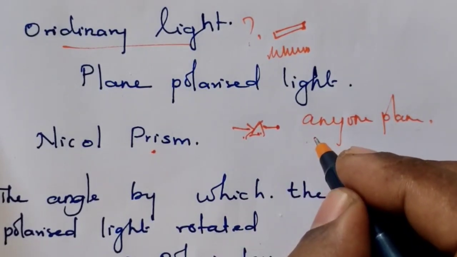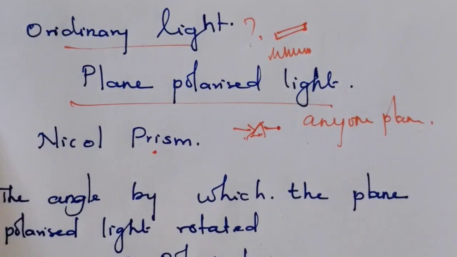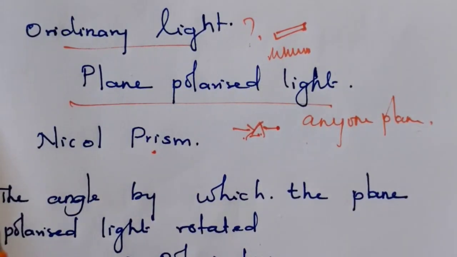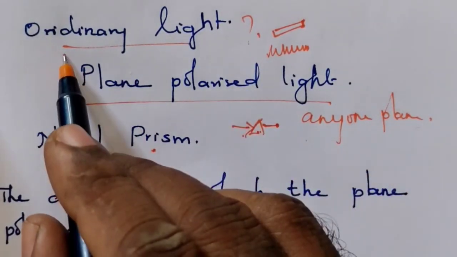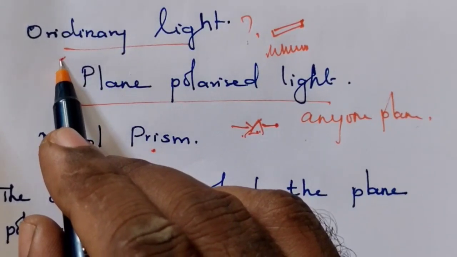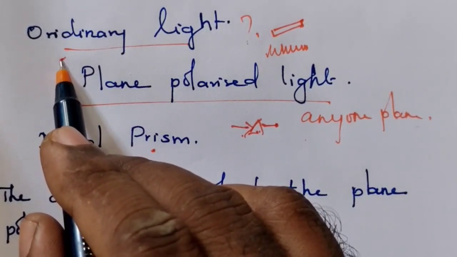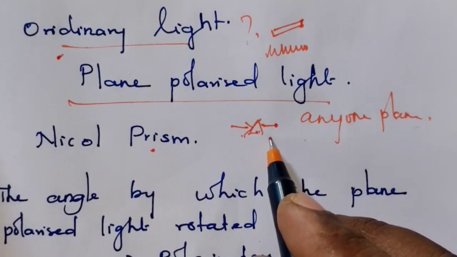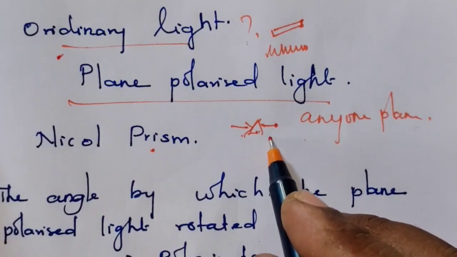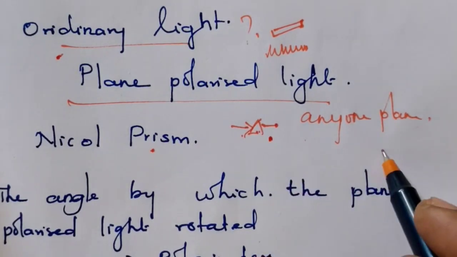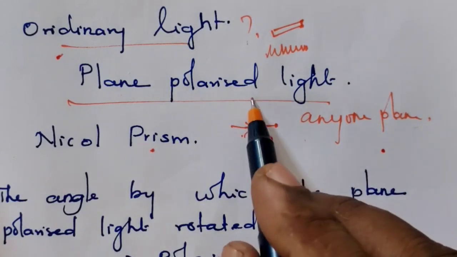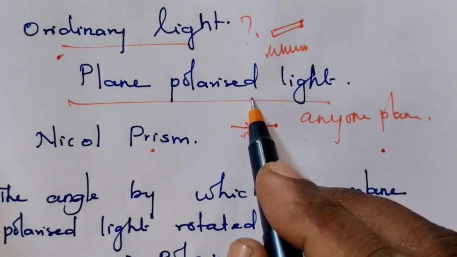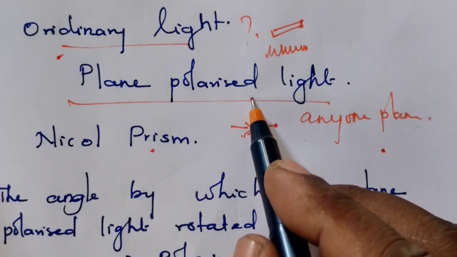Such a light is called plane polarized light. Light that vibrates in all the possible planes surrounding it is called ordinary light. When ordinary light is passed through a nickel prism, the emergent light vibrates in only one plane, and such light is called plane polarized light.